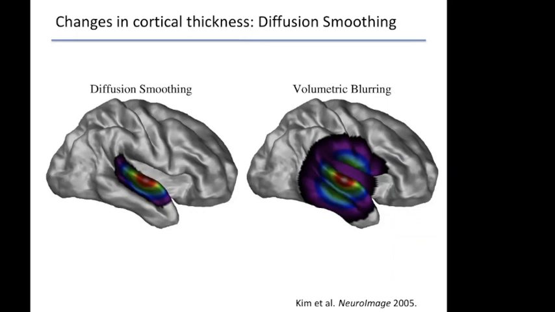Ariel Crestel asks, is there a difference in cortical thickness and volumetric analysis? Absolutely. Volumetric analysis, the volumes, at least at the cortical level, are considered to be the composite of cortical thickness and local surface area. So basically cortical thickness is one dimension of the cortical volume.